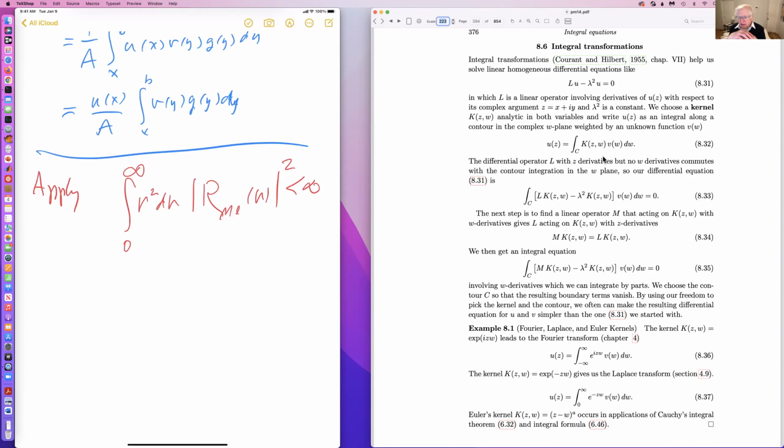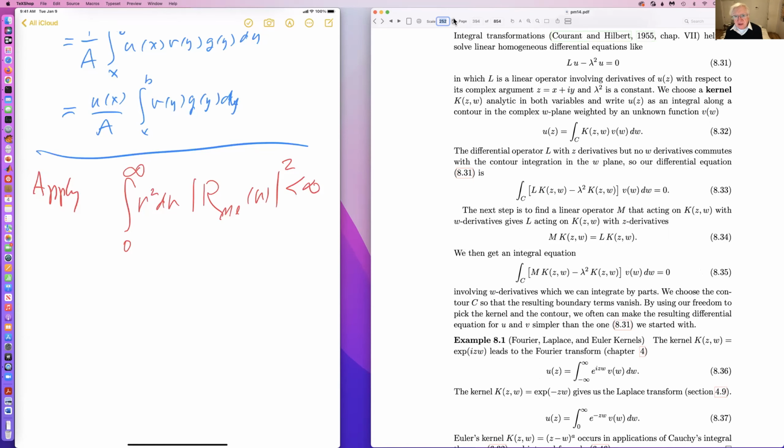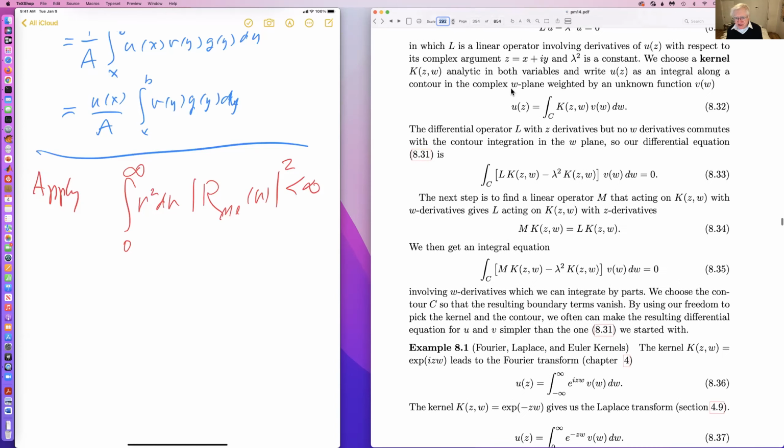Now, the next thing is that one must find a linear operator M acting on K that gives us L acting on K. Now, M is something that only involves W derivatives. And you might say this is nuts, but once again, Roy Glauber once said to me, often in physics and mathematics, you make progress forward by going back a few steps.